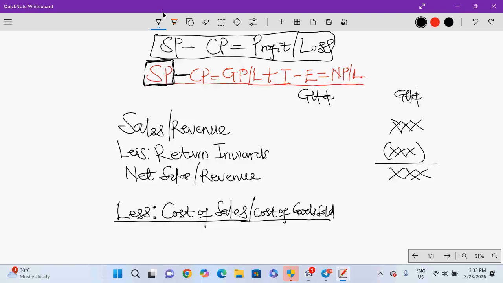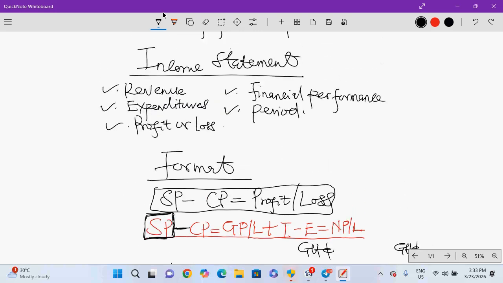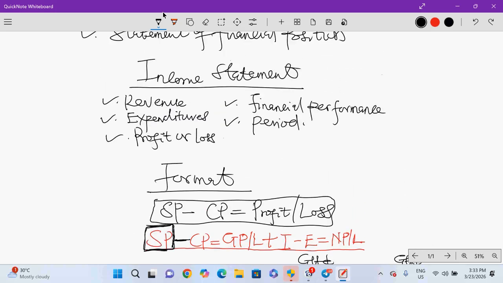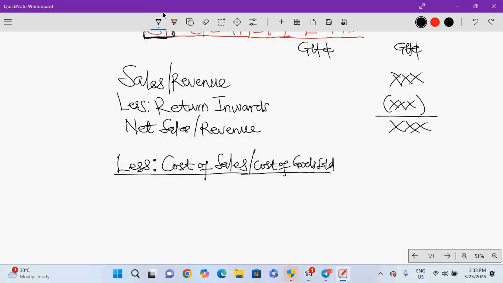If there is no wages, then the cost of sales is the same as the cost of goods sold. The income statement in high school was known as the trading, profit and loss account. Here it is known as the income statement.